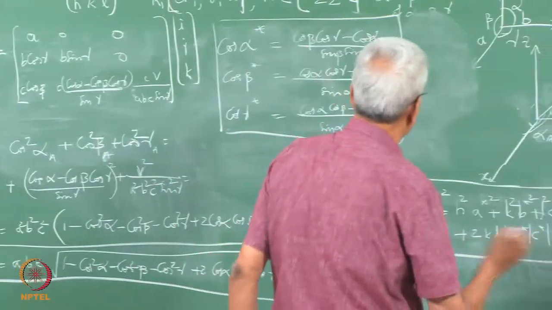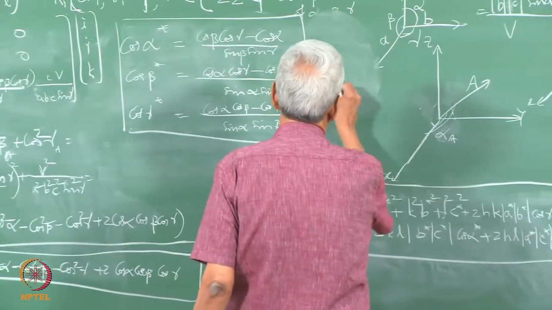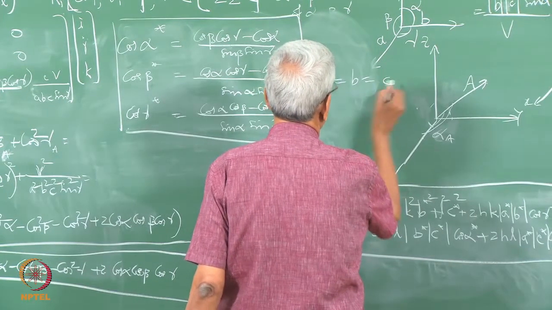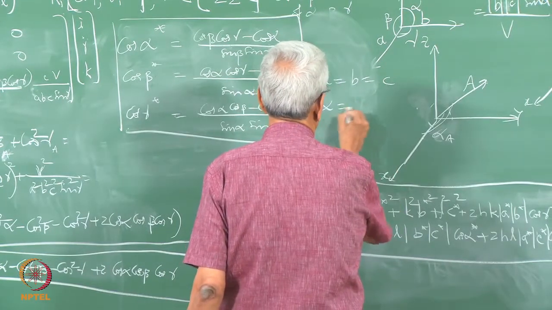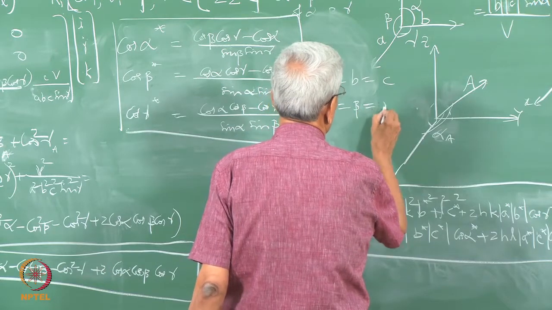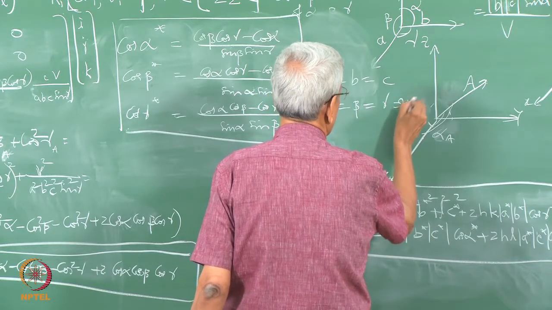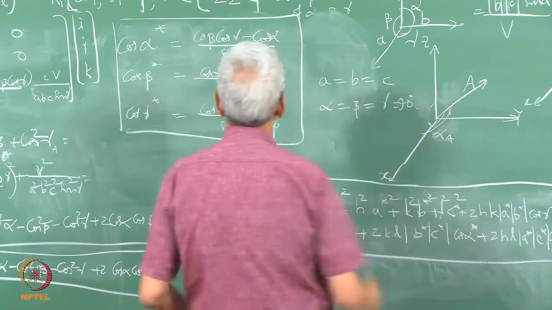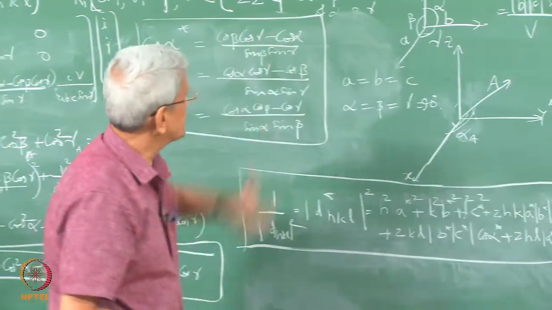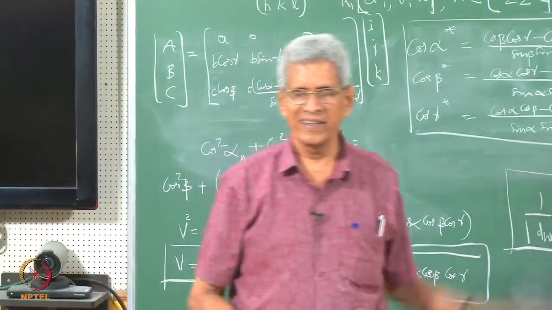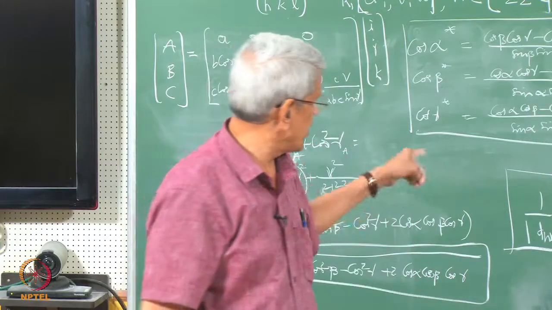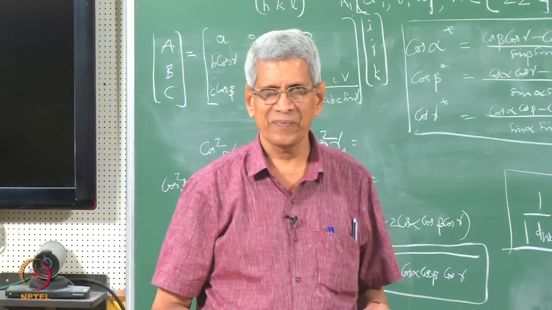Using that symmetry, we know how the angles alpha, beta and gamma are defined. For example, if it is a cubic system, we know A equals B equals C and alpha equals beta equals gamma equals 90 degrees. Using these expressions, substituting in it, we can get that value and find out an expression.